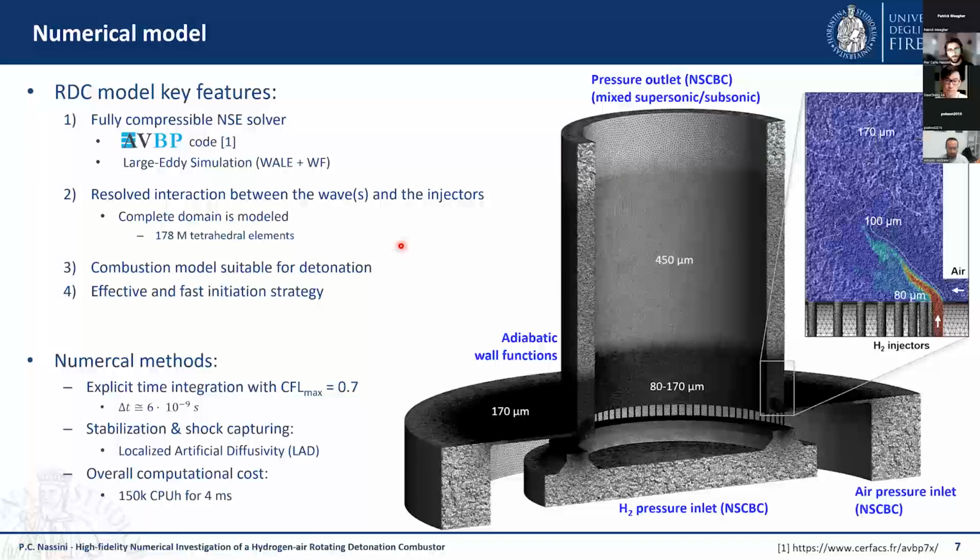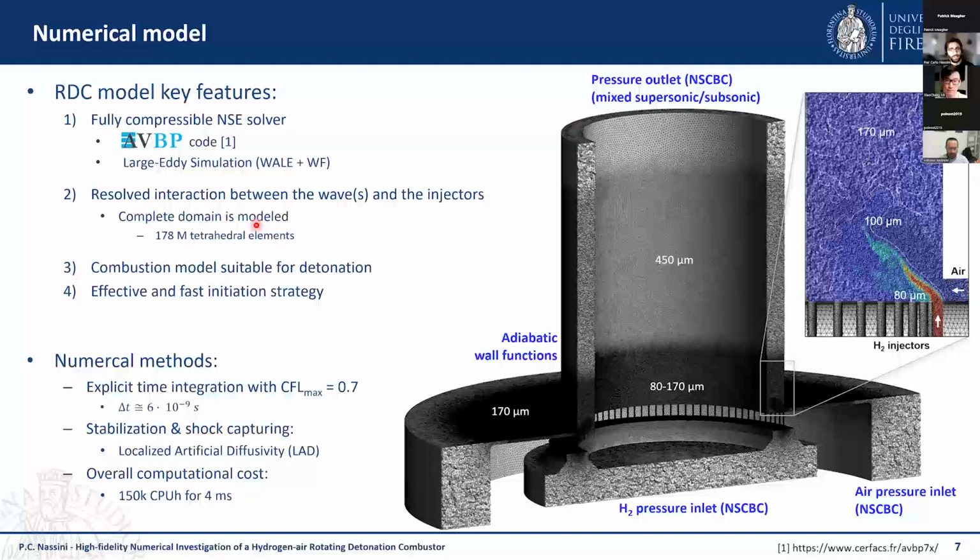So what we needed was a fully compressible Navier-Stokes equation solver with a proper treatment of turbulence. So we decided to use the AVBP code, which is developed by CERFACS, using a large eddy simulation with the Wale subgrid closure and wall functions to model the boundary layer near the walls.